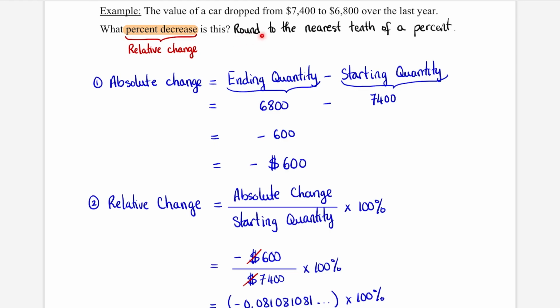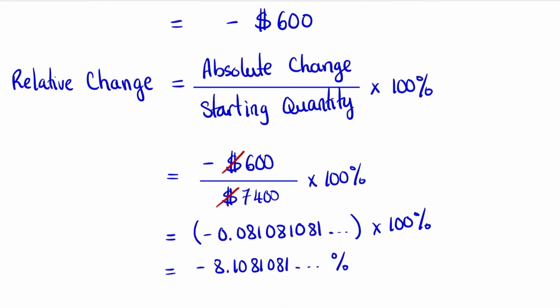It asked me to round to the nearest tenth of a percent. That means they want me to convert everything to the percent and then round to the nearest tenth. So instead of rounding this decimal, I'll wait until I have a percent and then round. And I want to round to the nearest tenth.